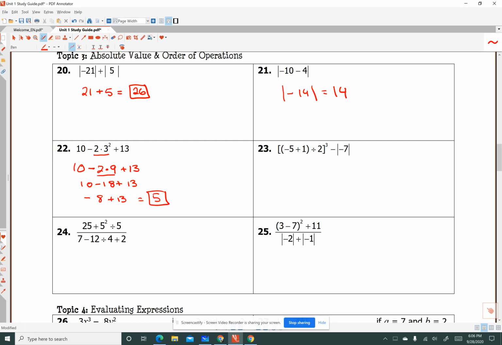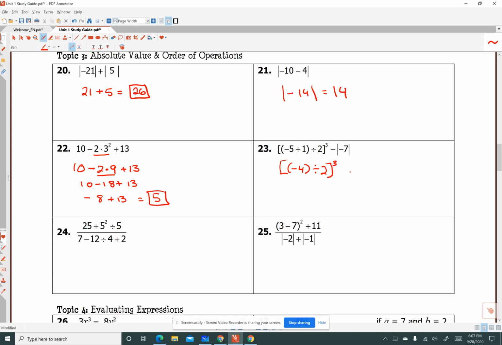Okay, now we start from the inside and work our way out. So we have negative 5 plus 1. So that is going to be our negative 4. Divided by 2. All of that. Whoops, forgot to put my 2. Let's fix that. Okay, and there's my bar.